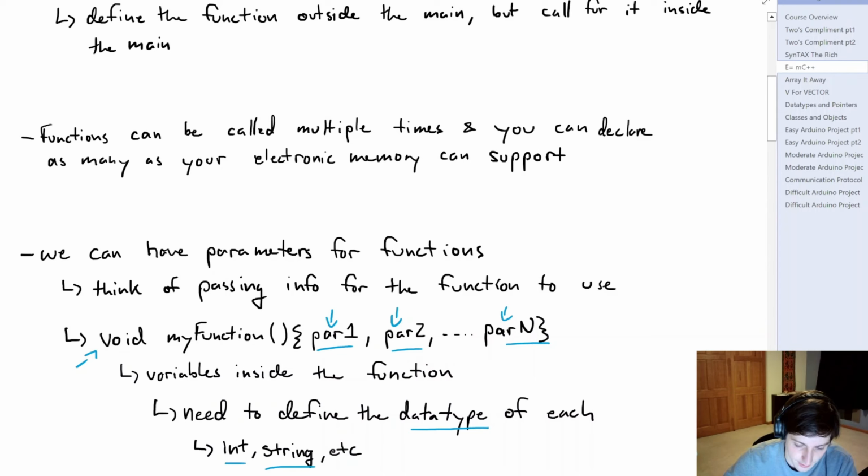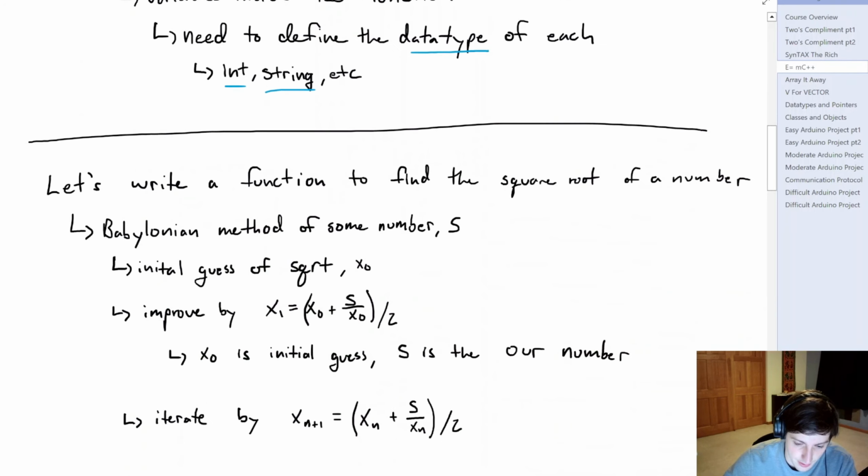But now if we return to the whiteboard, we can look at a little bit harder of an example. So what we're going to do is we are going to write a function to find the square root of a number. And the method that we're going to use for that square root is the Babylonian method. So we're going to have some number that we want the square root of, s, and we're going to take an initial guess at what that square root is.